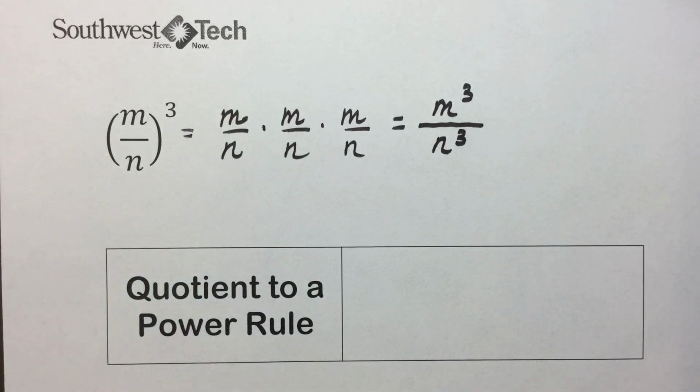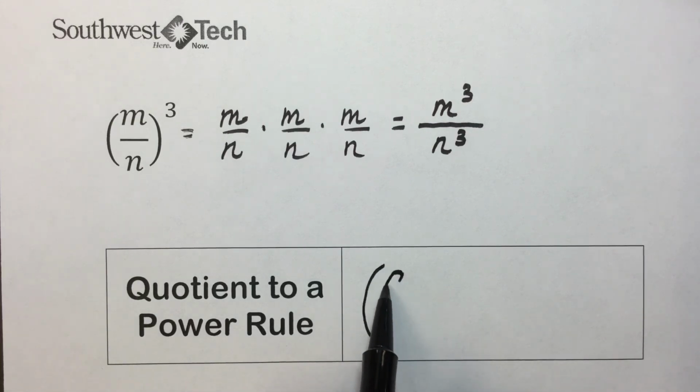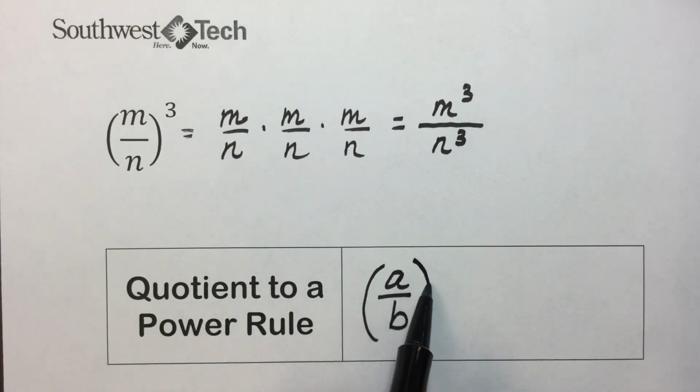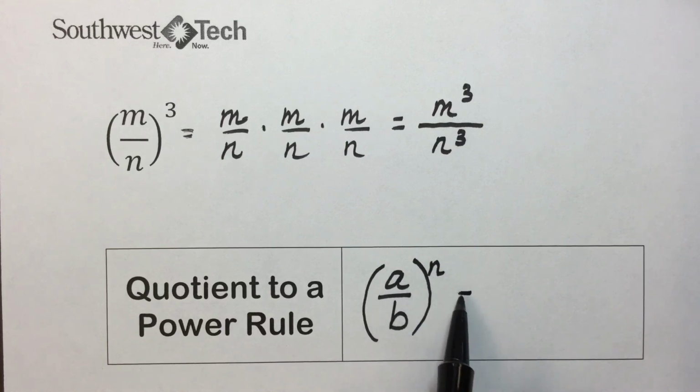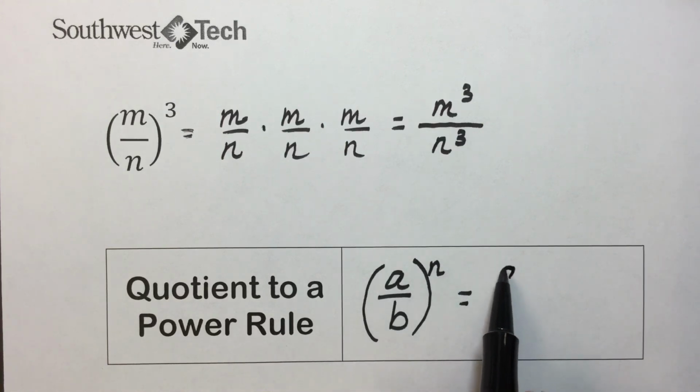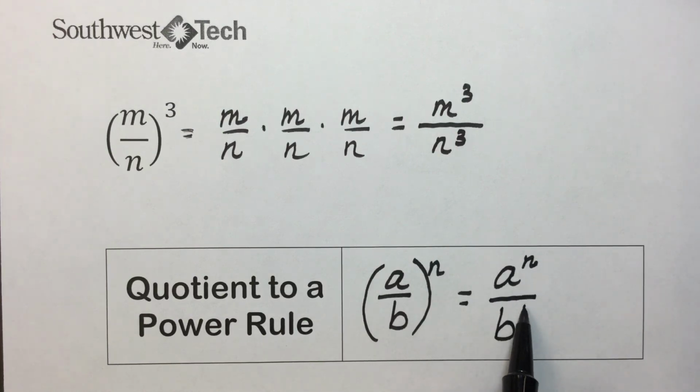This leads to the quotient to a power rule, which states for any numbers a and b, b not being 0, and any whole number n, if you have the fraction or result of this division, which is where the quotient term is coming from, raised to a power, it's equivalent to the numerator raised to that power over, or divided by, the denominator raised to the power. And because b is in the denominator, that's why we have a restriction on b not being equal to 0, to avoid an undefined expression.